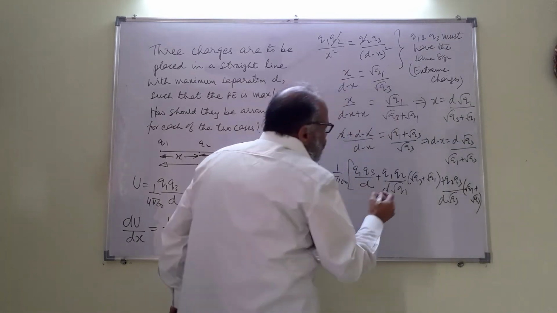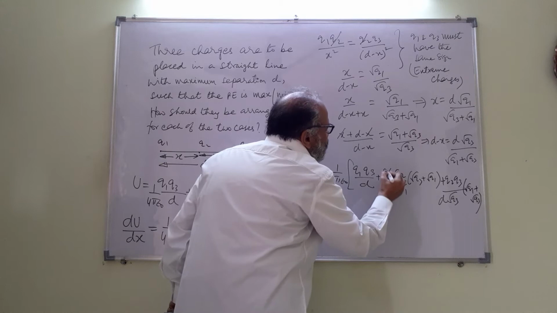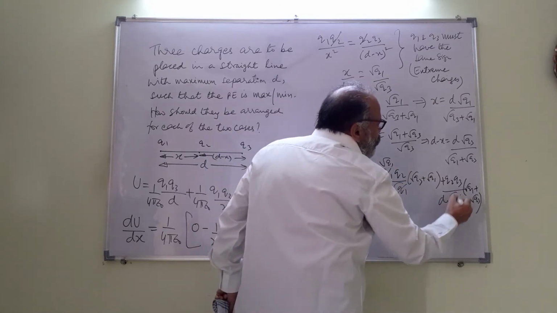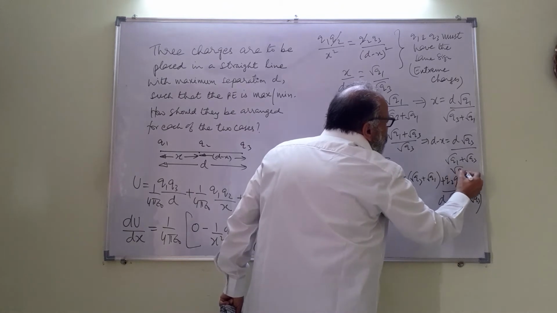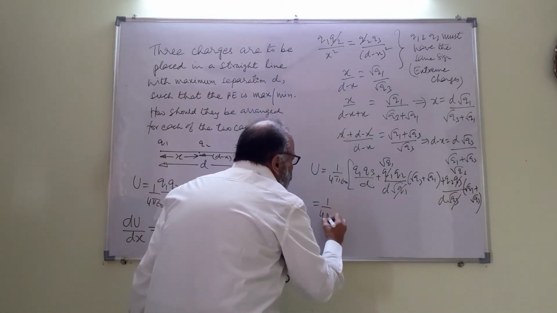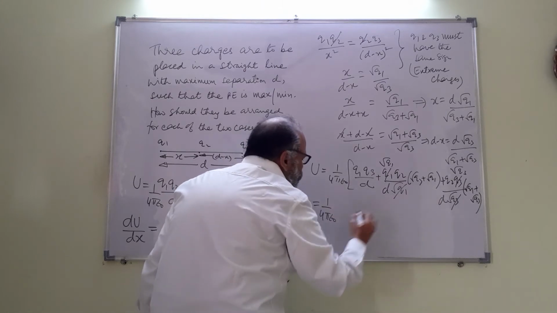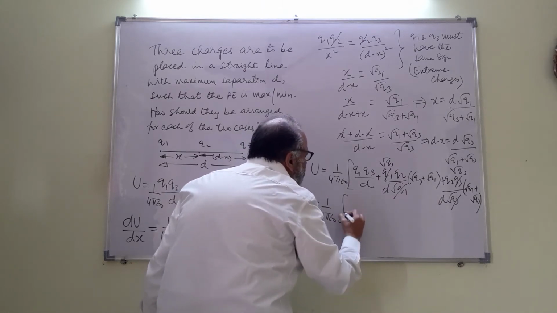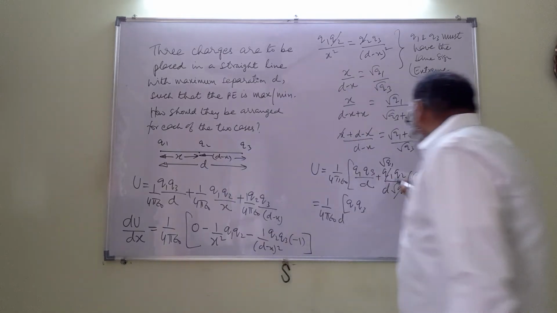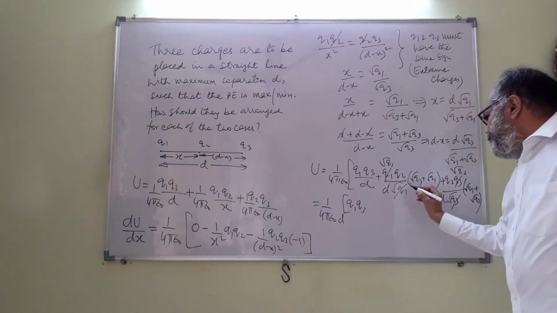Let's simplify this. This root Q1 will cancel with this Q1. You will have Q1 here. Root Q3 will cancel here. You will have Q3 there. And you will be left with 1 by 4 pi epsilon naught. d is common. It will come out. And you have here Q1 Q3. Now let's simplify this.